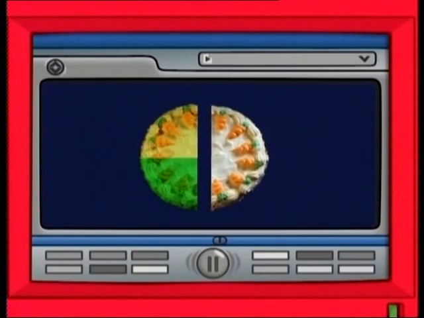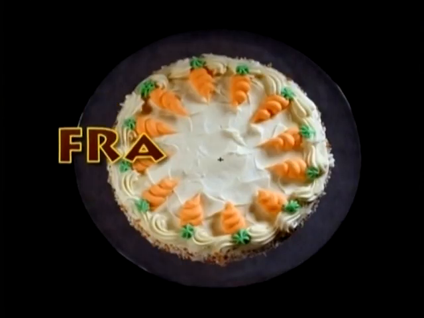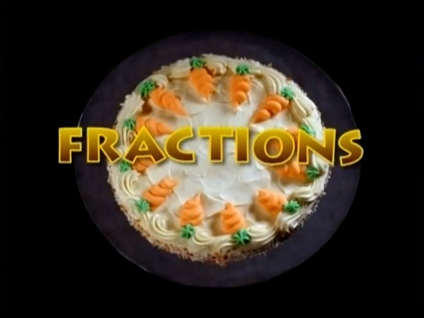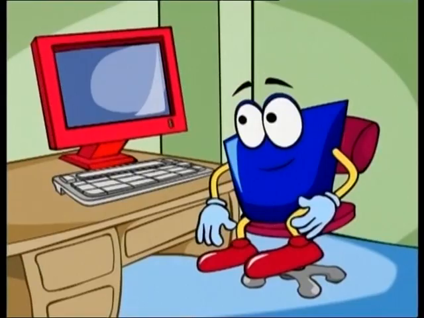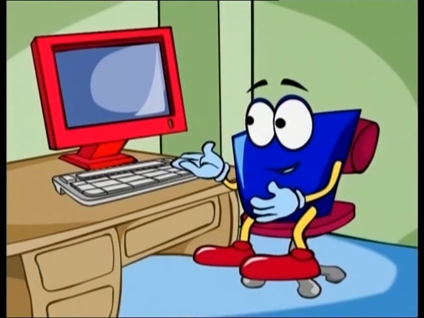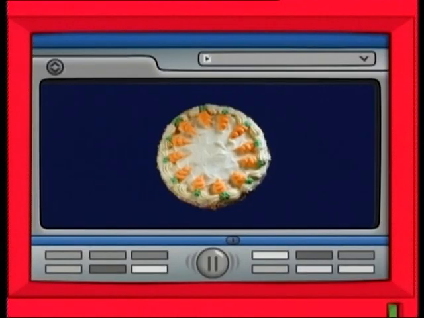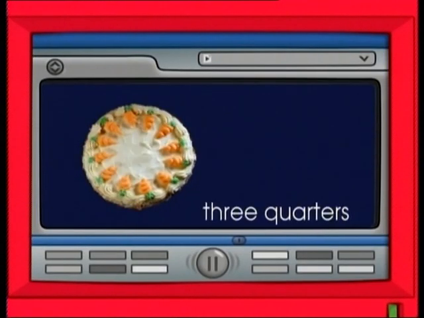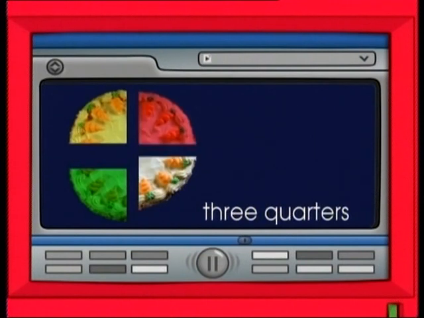Well, do you understand it now? I'm glad you do. How about 3/4? Please look at the screen. 3/4 is 3 pieces out of 4 pieces that make up one whole cake.